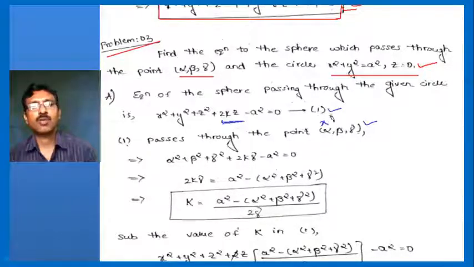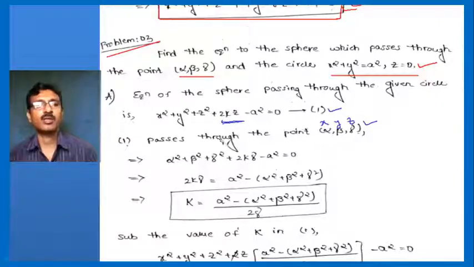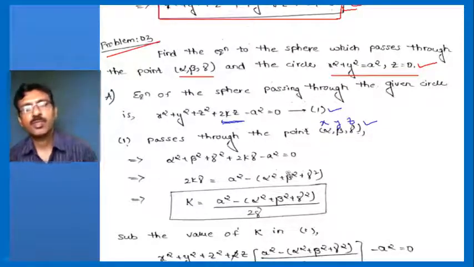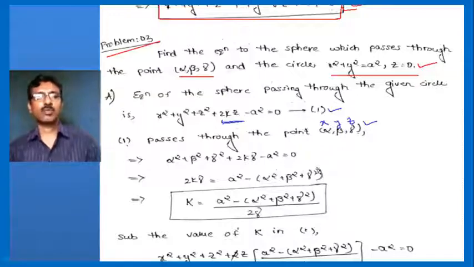This is x coordinate, y coordinate, z coordinate, and alpha square plus beta square plus gamma square plus 2k into gamma minus a square equal to 0, which implies 2k gamma equal to a square, shifting to the right side, it is plus a square minus of alpha square plus beta square plus gamma square. Then k equal to a square minus of alpha square plus beta square plus gamma square by 2 gamma.